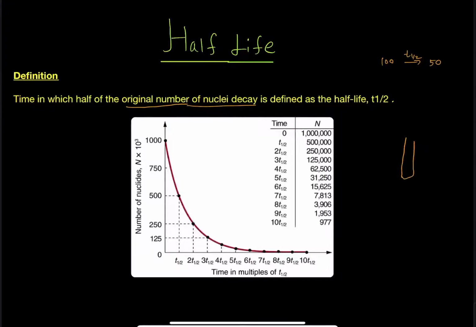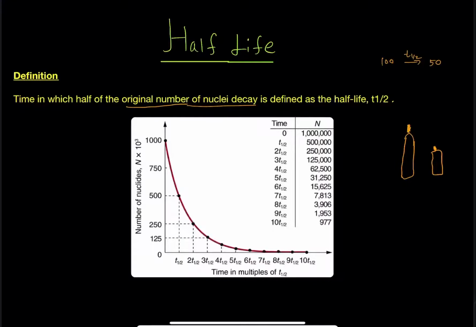There is a candle right here. Over time, the amount of the candle is going to decrease. Let's say over time the candle left over is half of the amount, like this much.